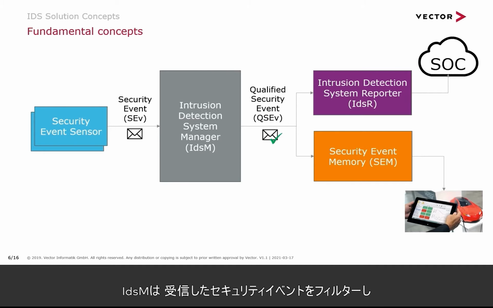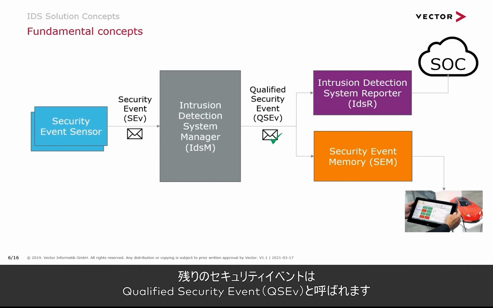The IdsM can then filter these incoming security events and drop any security events that probably are not relevant. The remaining security events are called the qualified security events.